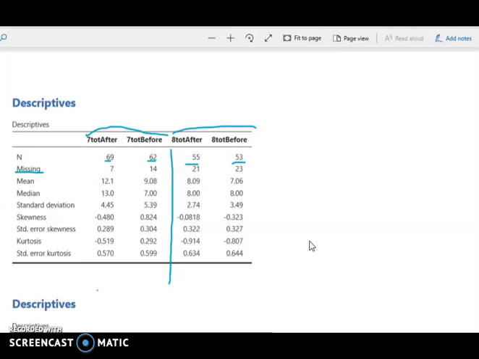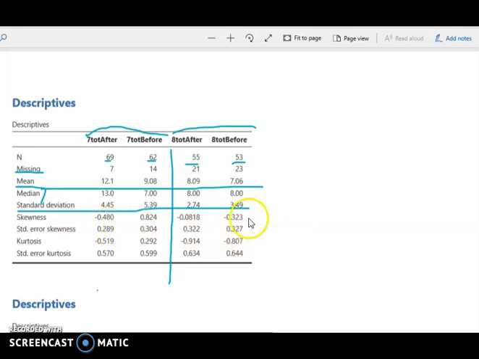So the highest would have been 12 for 8 and 18 for 7. Then you can see that we have the median and the standard deviation reported for each one of these. I included the median just for a general look at consistency.